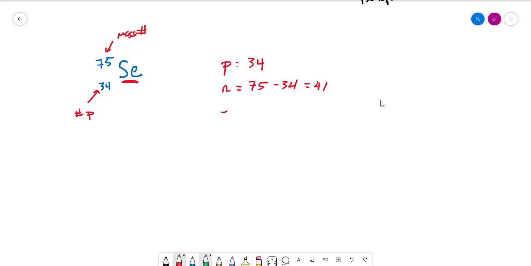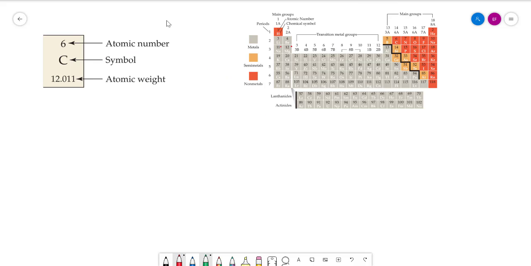And then the number of electrons we know for a neutral atom, and we know this is neutral because it does not have a positive or negative charge associated with it, so it's neutral. Then the number of electrons has to equal the number of protons to make this neutral, so this is also 34 in this case.